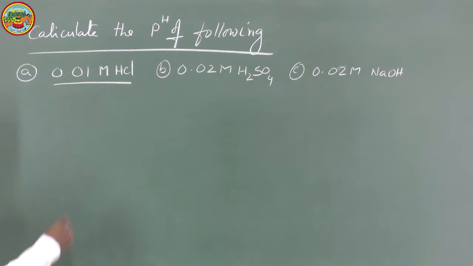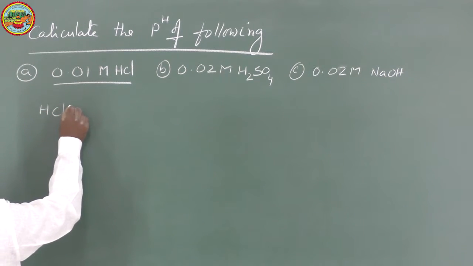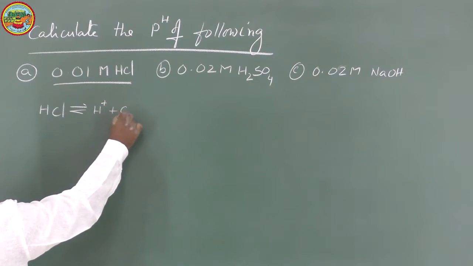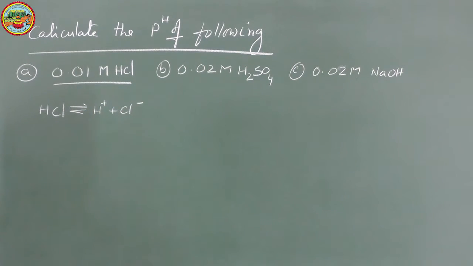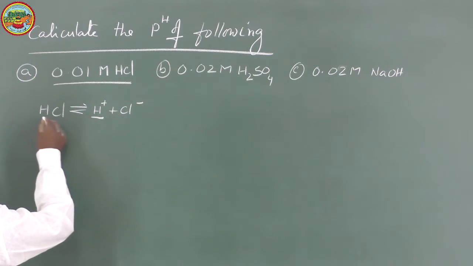HCl is a strong acid, so it completely ionizes to give H plus ions and Cl minus ions. Because strong acids and strong bases ionize to a large extent, they are almost completely ionizable. Here this is a monobasic acid.